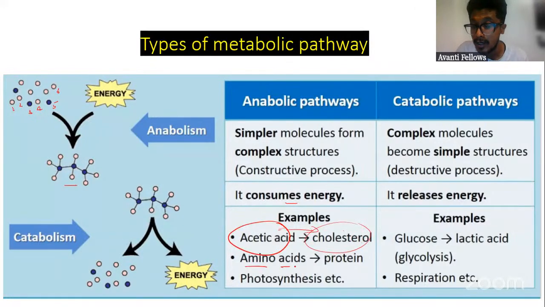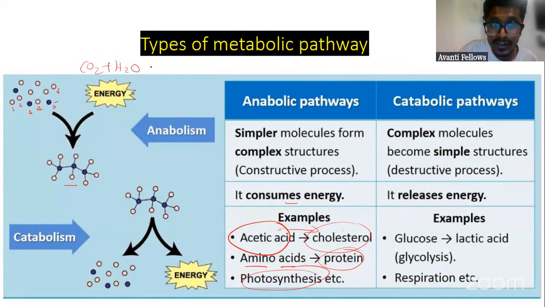If I use simple amino acids for the construction of complex proteins, it is an example of an anabolic process. The photosynthesis process, that is using carbon dioxide, water, plus light for the production of glucose in plants, is also an example of an anabolic process.